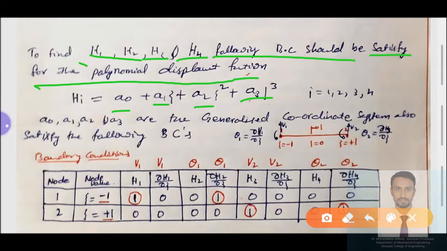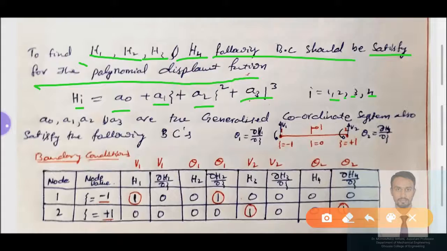That is the reason we have given h of i where i is equal to 1, 2, 3, 4. We have 4 shape functions. If we were considering 3 degrees of freedom at each node we would have 6 Hermite shape functions. We are considering only 2 degrees of freedom, so we have 4 shape functions with respect to the displacement and rotation of the beam at each node, right?